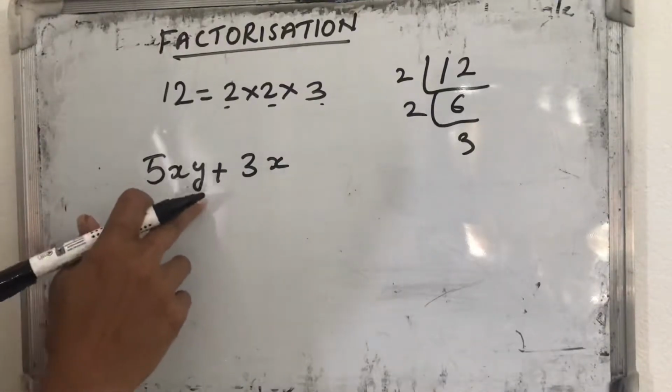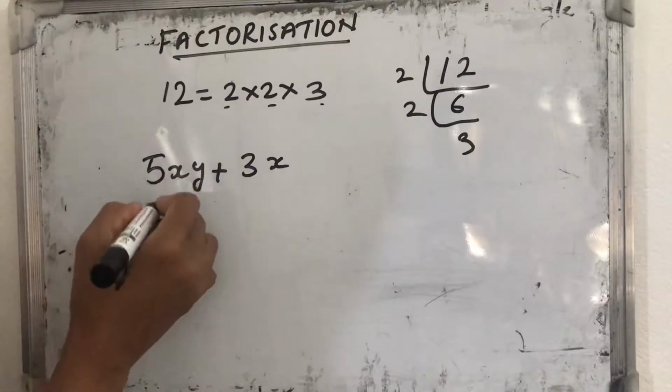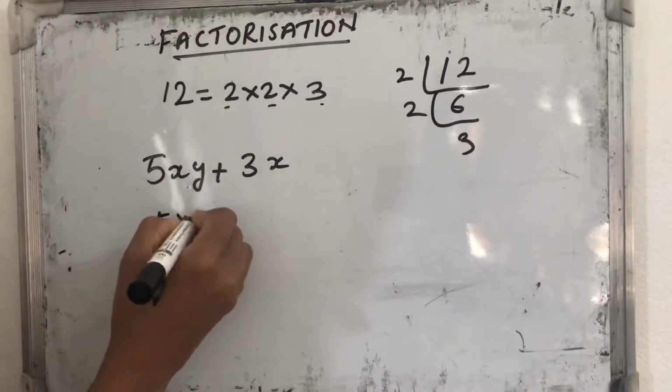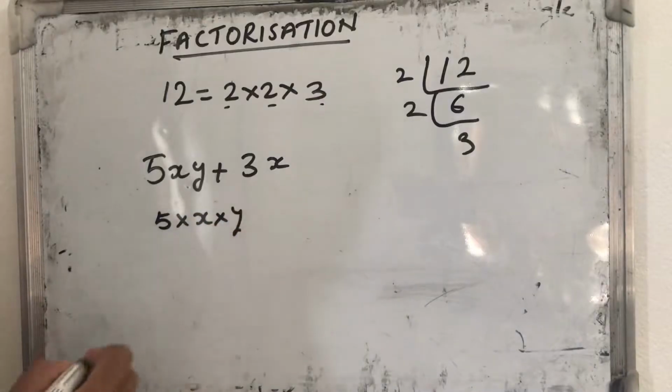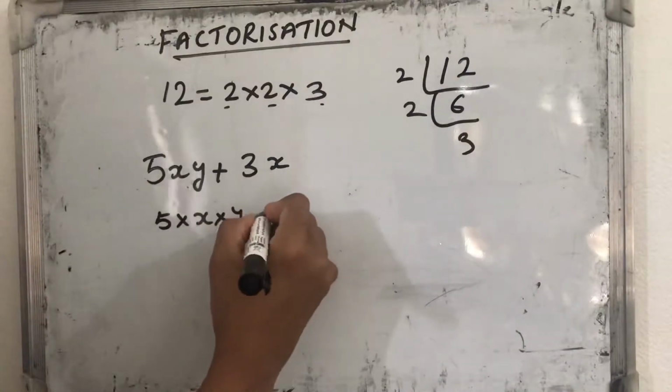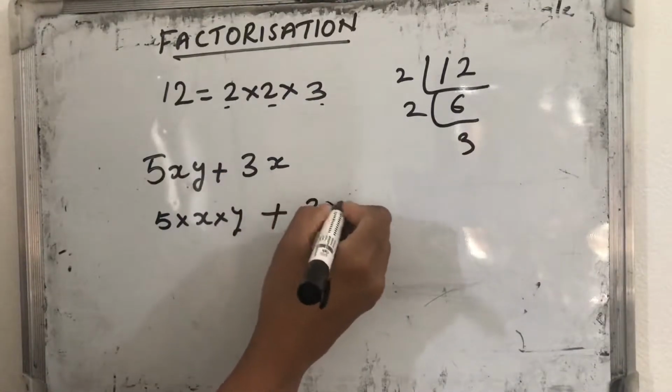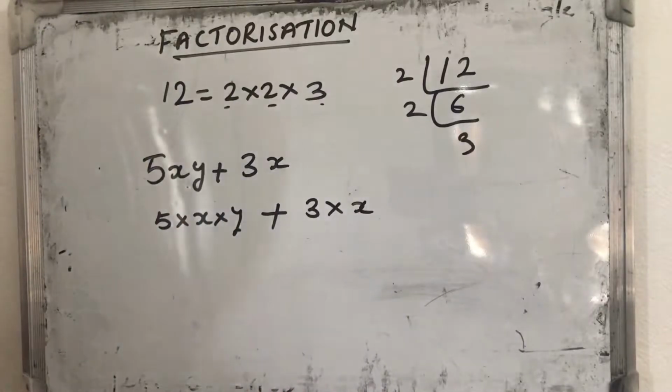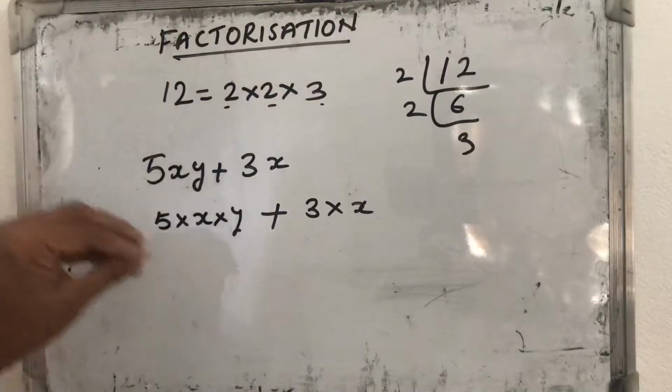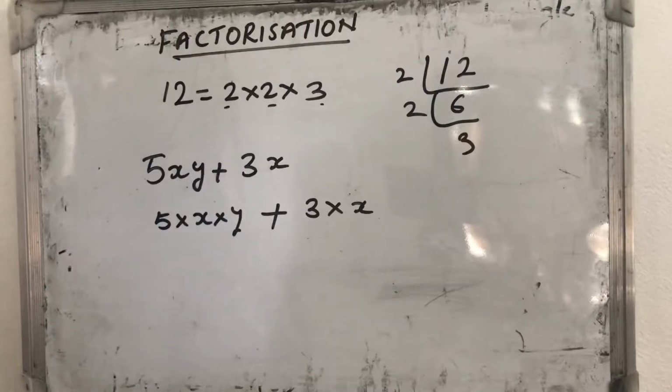We can write 5xy as 5 into x into y, and 3x we can write as 3 into x. It is very simple because all of these are prime factors.